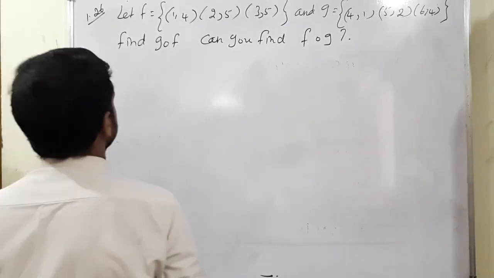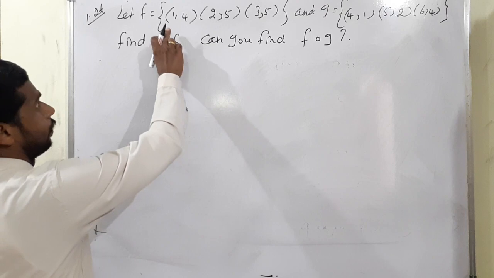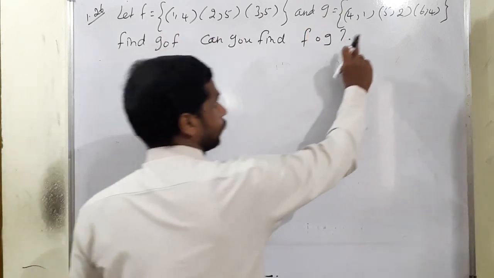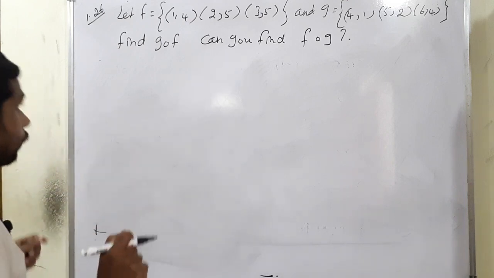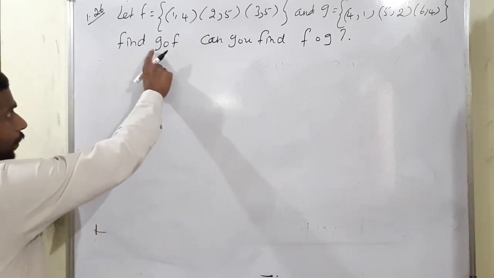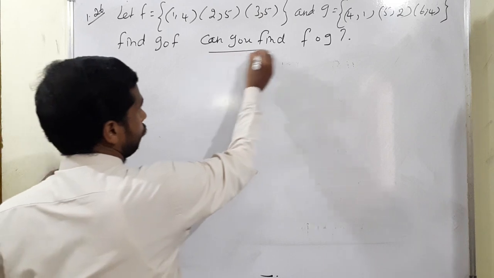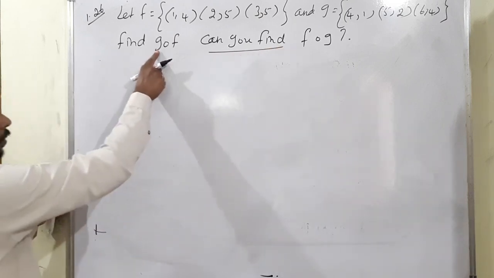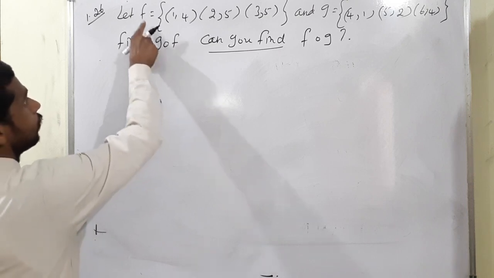Example 1.26. Let f be equal to three pairs, and at the same time g be equal to three pairs. What we have to find: f composite g, and can you find f dot g? First I am moving to find f composite g.